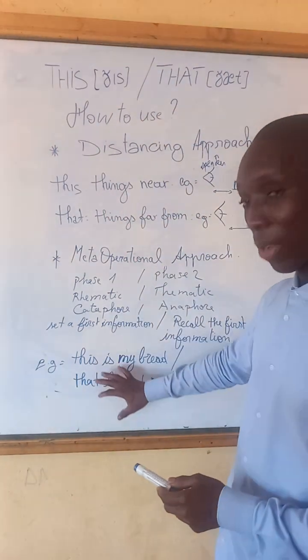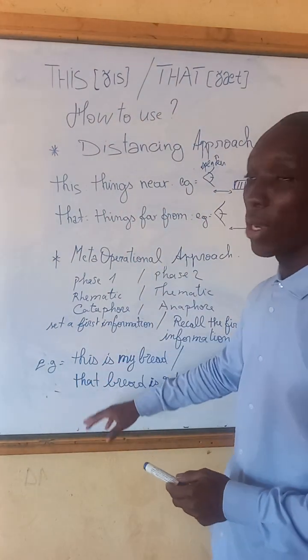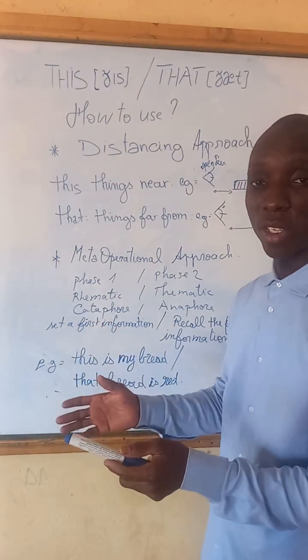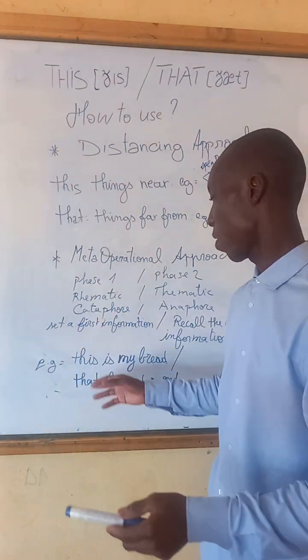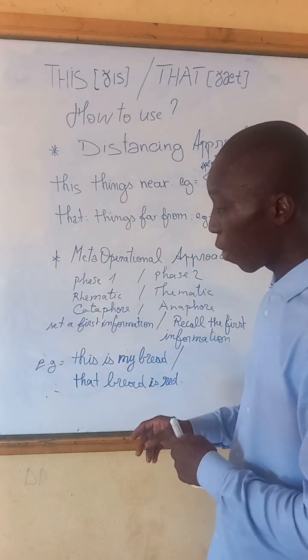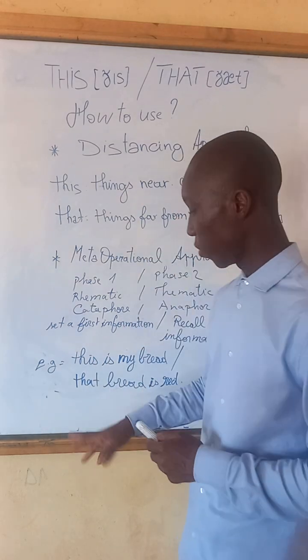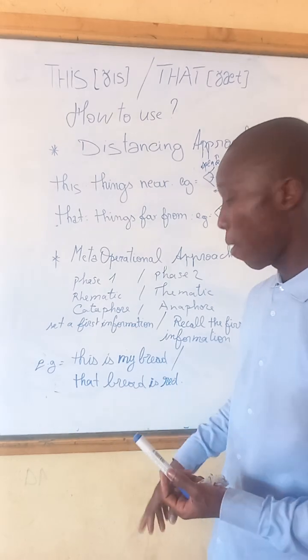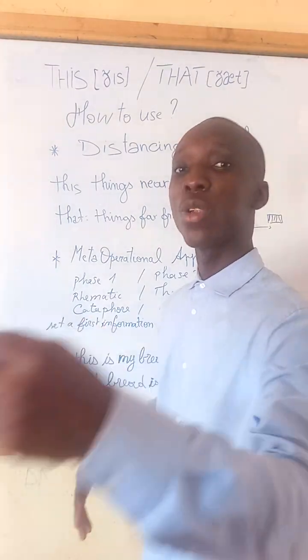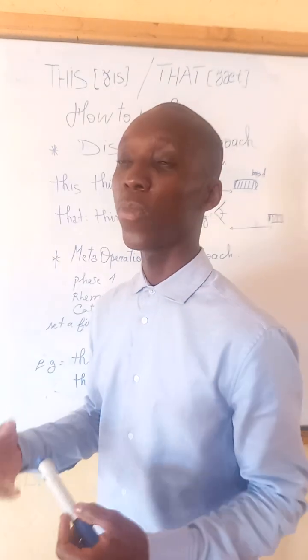Here, this is a particular context, between two speakers. The first one will say, "This is my bread," and the second one, or the same first one, will say, "That bread is red," because each of them knows which kind of bread they are talking about.